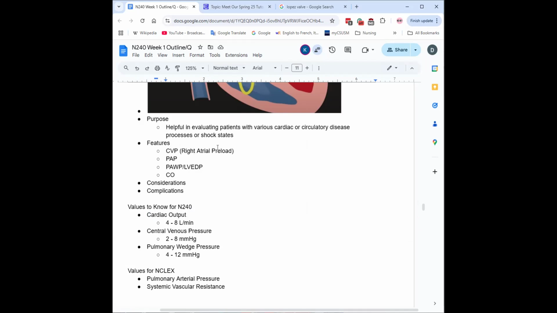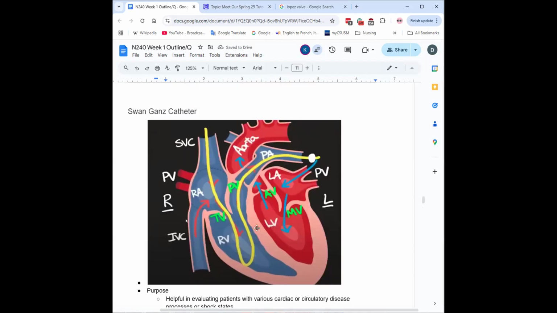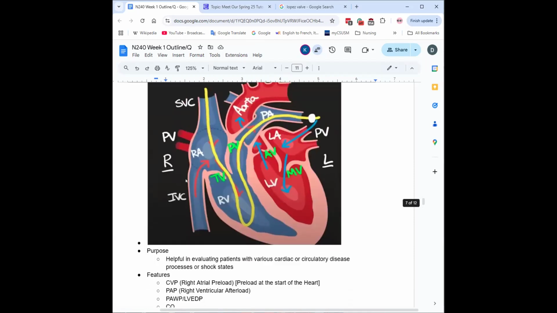So your CVP, I like to think of it as the right atrial preload. So it's the pressure at the start of the heart. As we talk more, these will start to make a little bit more sense. Your pulmonary arterial pressure is essentially the right ventricular afterload. So this is the pressure that you have in your lungs. The blood starts in the right atrium, makes its way to the right ventricle.